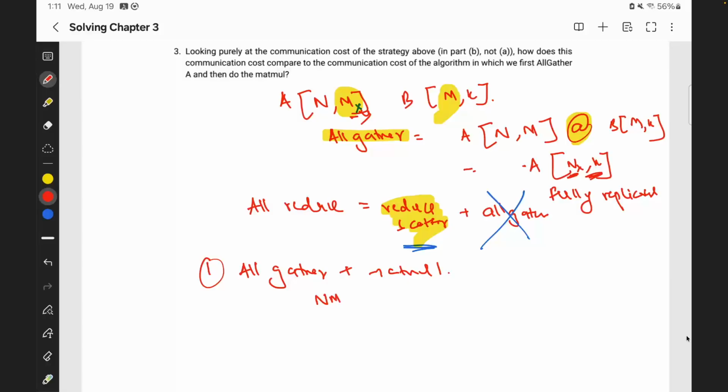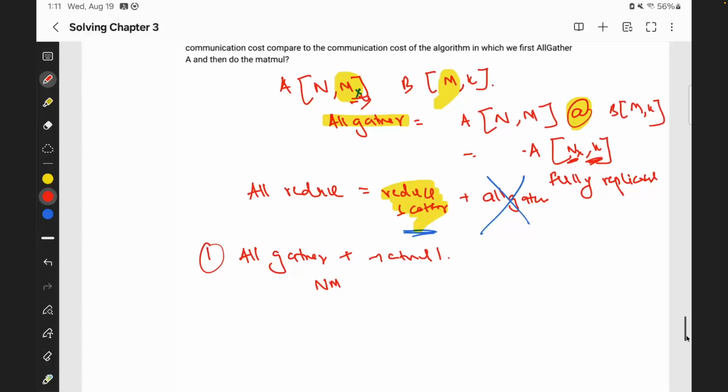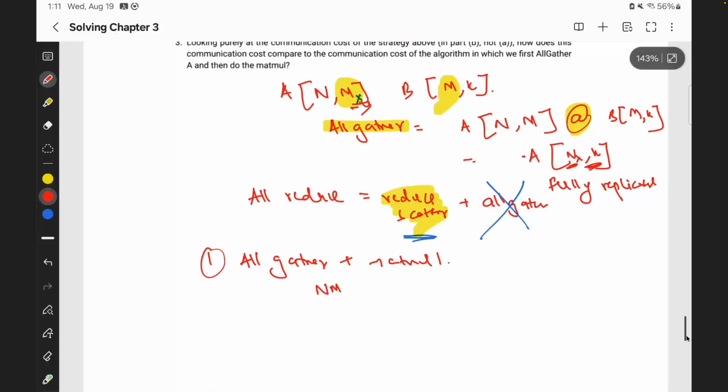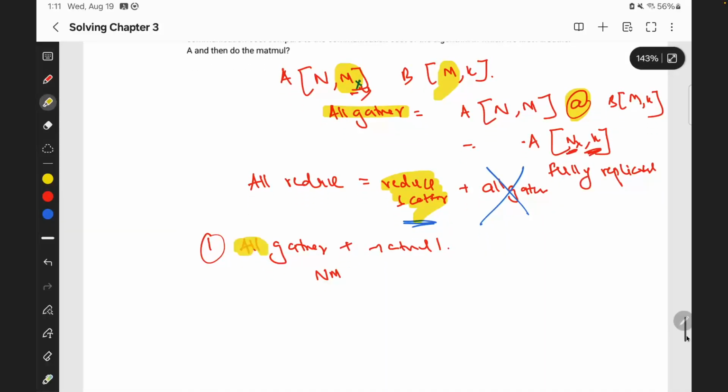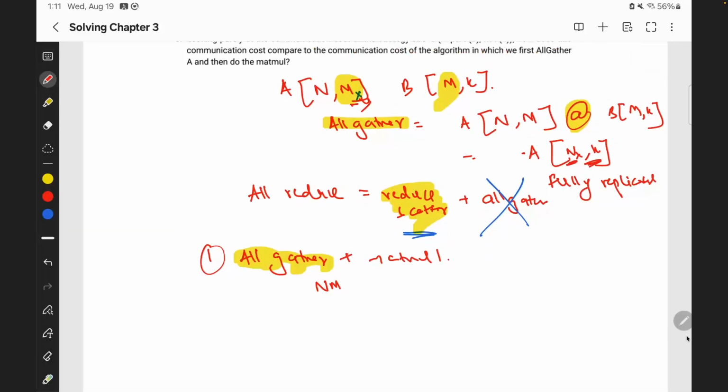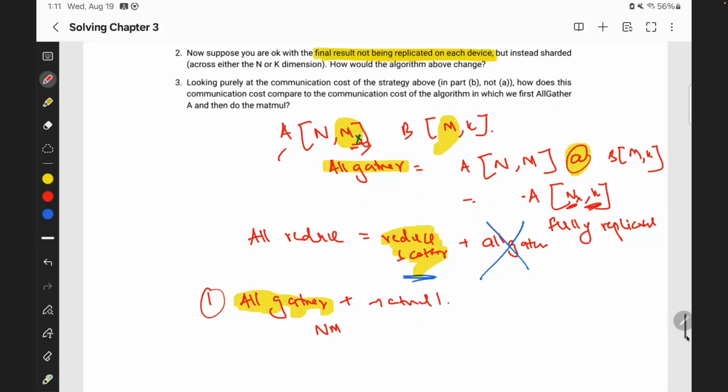Okay, I was getting a little confused. In all gather, you are basically doing an all gather on this matrix, and the total length of this matrix is nm. You might remember the formula that we have, V by W, the total array size divided by the bandwidth.